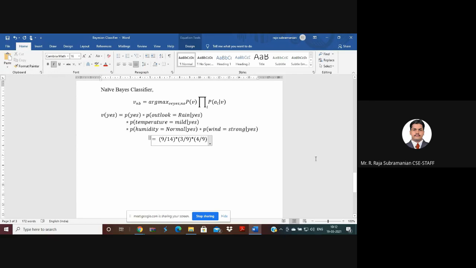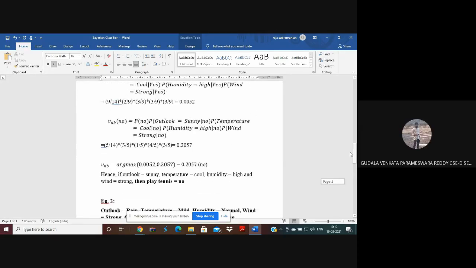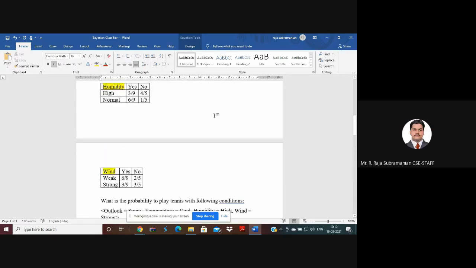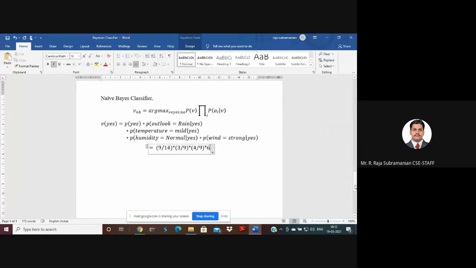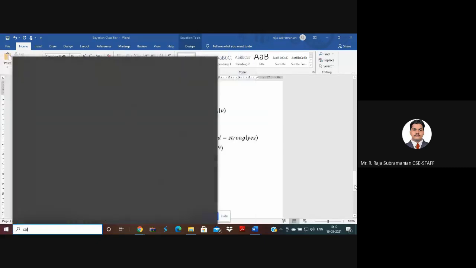And humidity equals normal, 6 by 9, I think. Is correct, 6 by 9. And wind is equal to strong is again 3 by 9. So 9 by 14 into 3 by 9 into 4 by 9 into 6 by 9 into 3 by 9. So let me take the calculator.